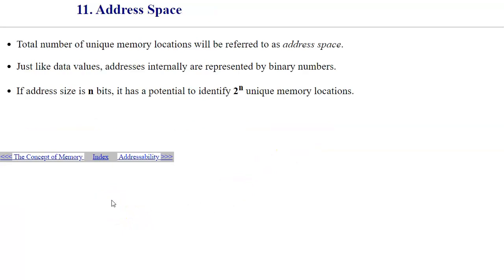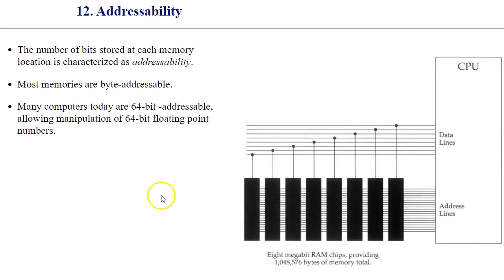The address space provides us the range of unique memory locations. If the address size is n bits, it has the potential to identify 2 raised to the nth power unique memory locations. The number of bits stored at each memory location is characterized as addressability.